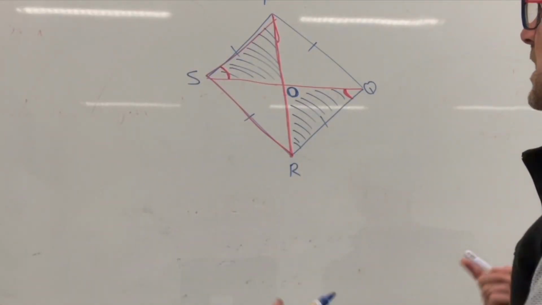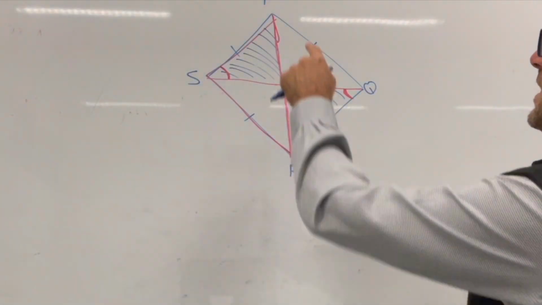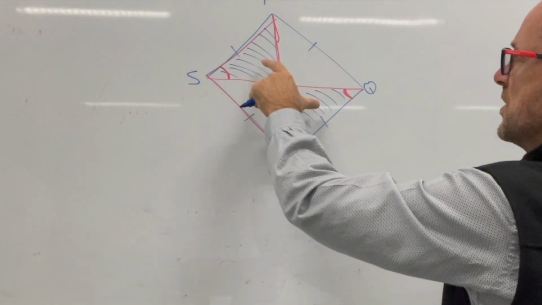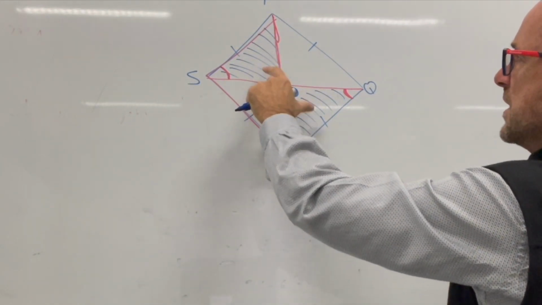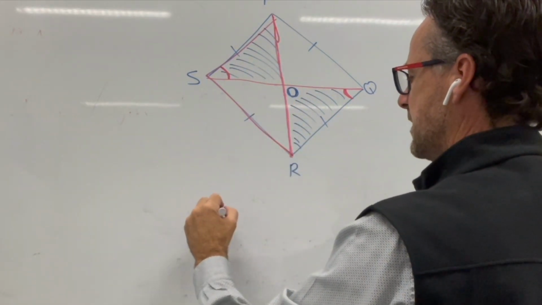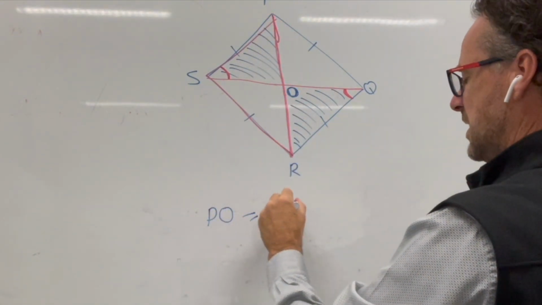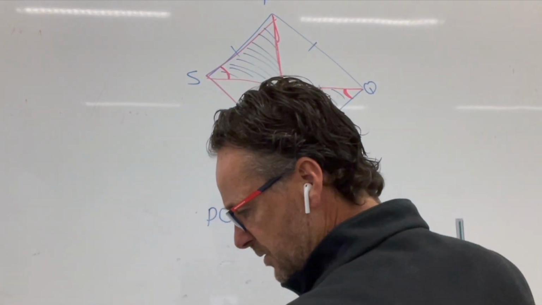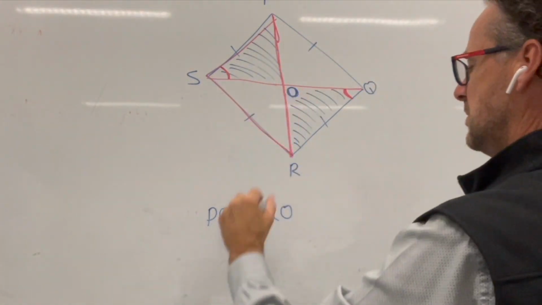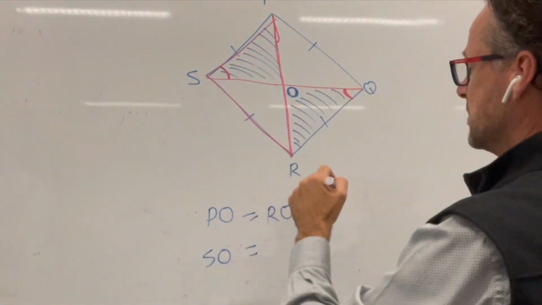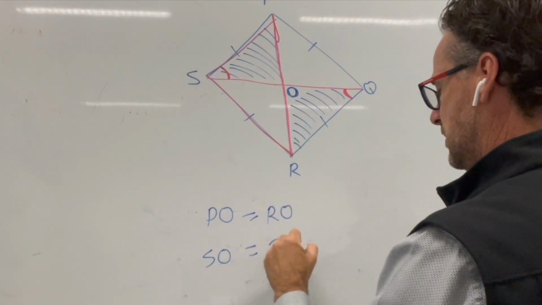So let's just look at what we know now. We now know that these triangles are also congruent to one another. So we know also that the line PO is equal to the line RO, okay? And we know that SO is equal to the line QO, okay?